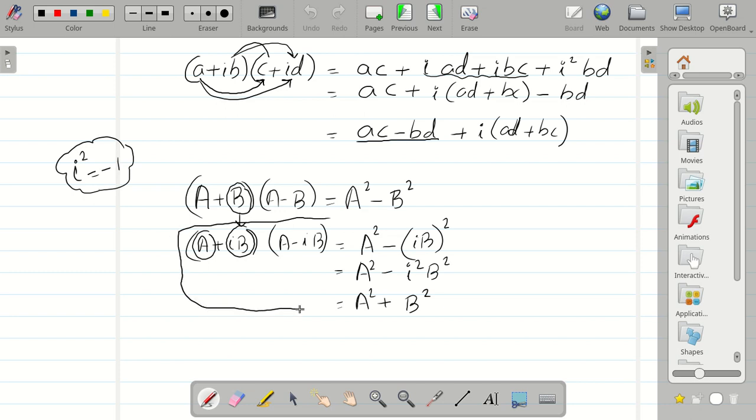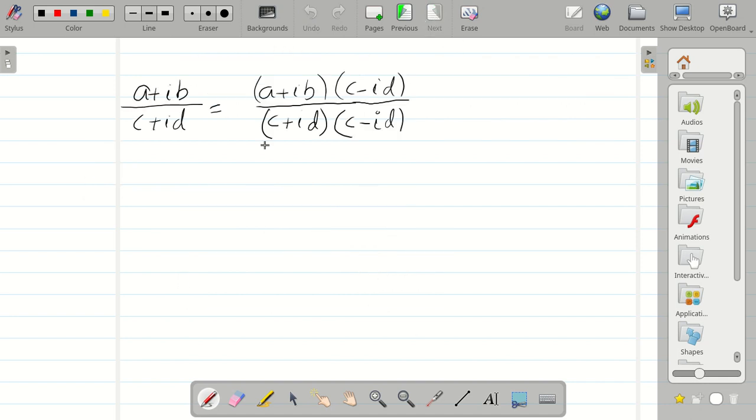What is a plus ib and a minus ib? a square plus b square. So can you tell me what will be c plus id times c minus id? Yeah, you're right. The denominator is c square plus d square. Don't waste your time simplifying this. You can write it directly, c square plus d square.